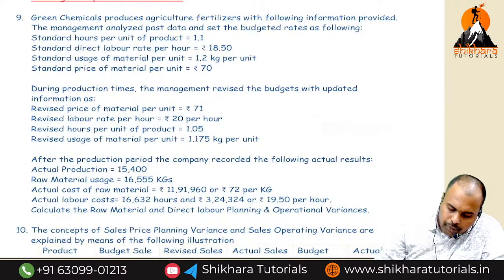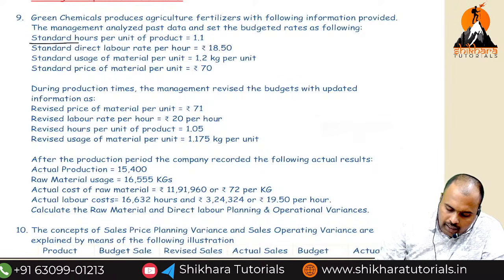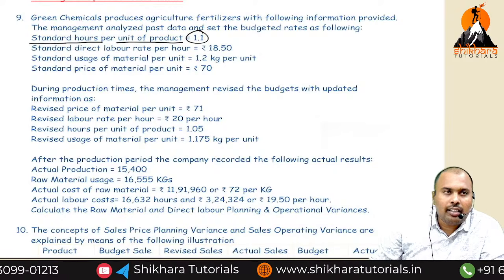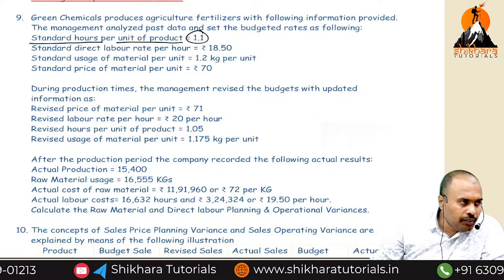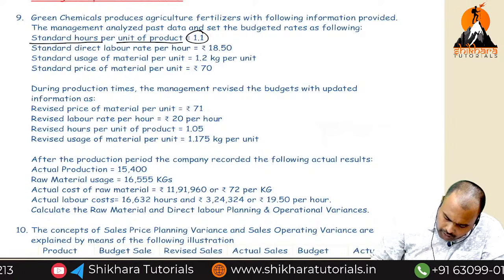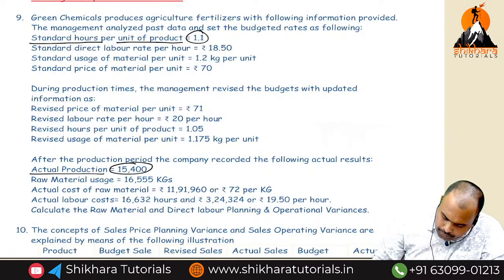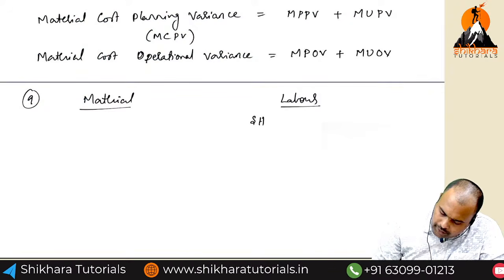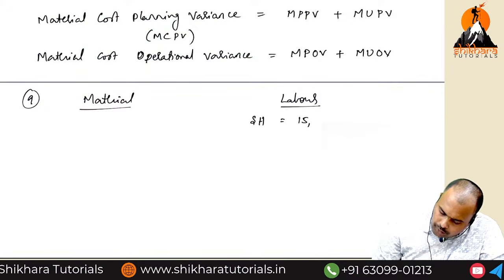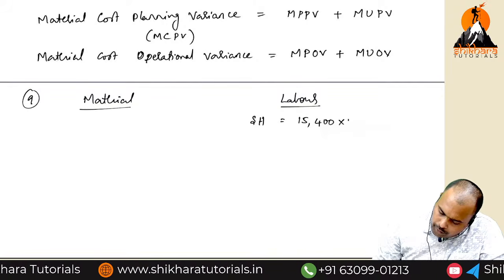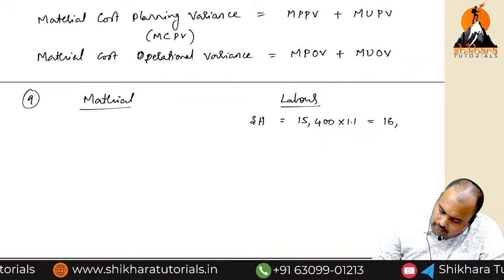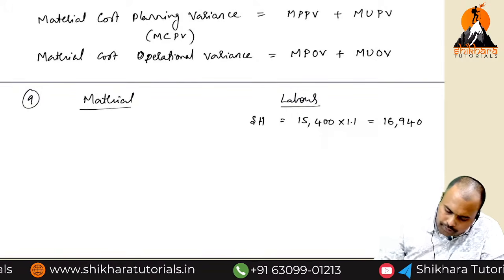Standard hours per unit of a product is 1.1. Now standard hours is always calculated for actual output. Let us see how much is actual output. Actual production is 15,400. So standard hours should be 15,400 into 1.1, which is 16,940.